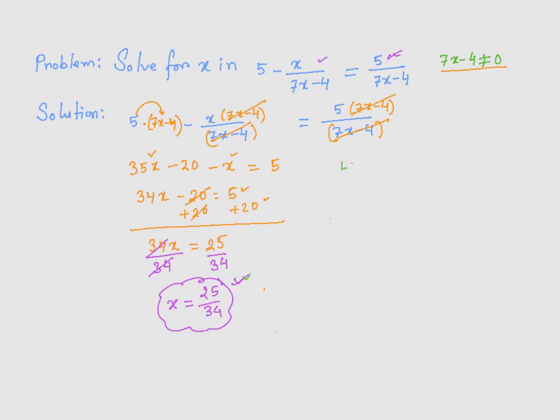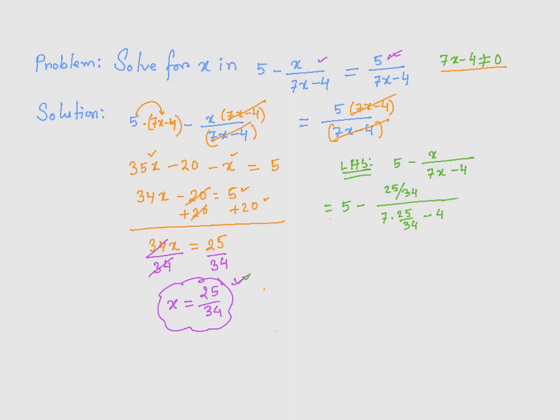So let's look at the left hand side, where I have 5 minus x over 7x minus 4. This is a bit of a complicated calculation with fractions, but it's not too bad really. So x is 25 over 34 divided by 7 times 25 over 34 minus 4.